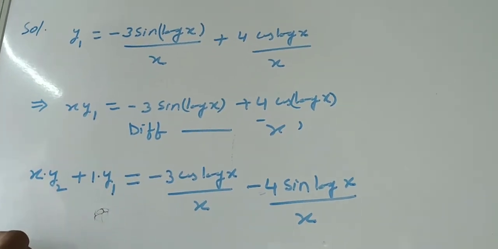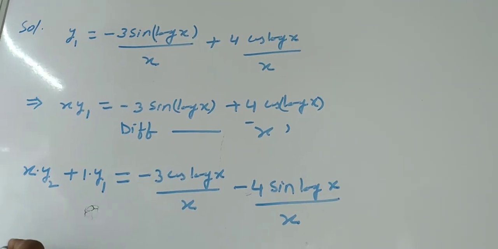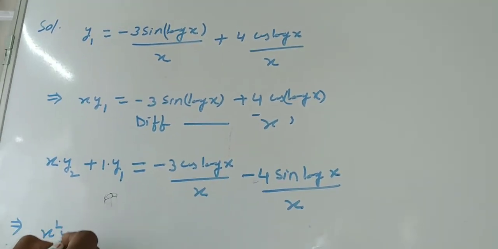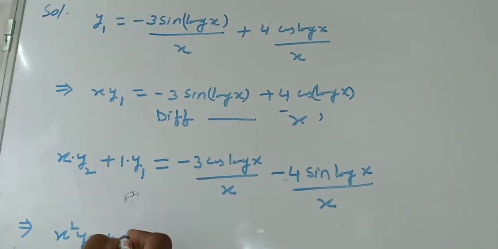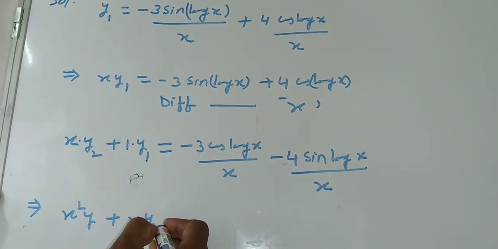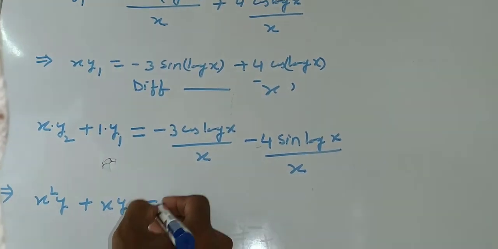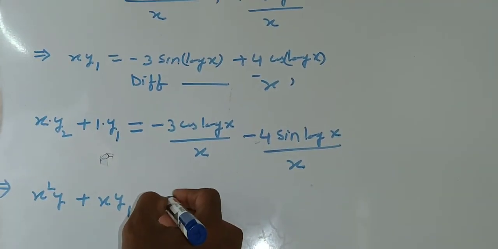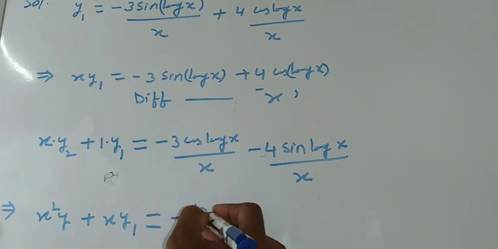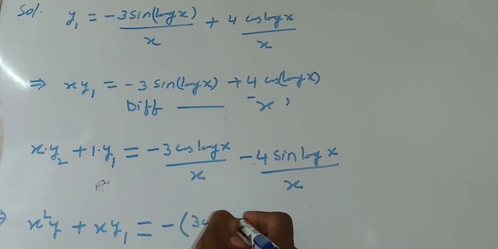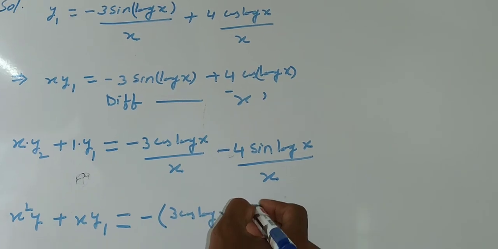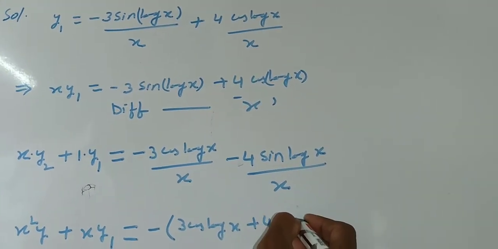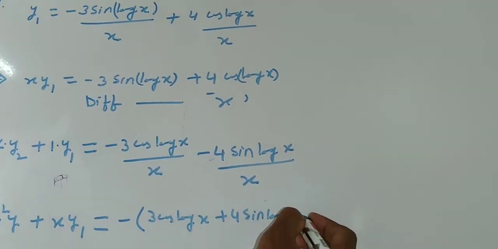Simplifying, x square y2 plus x y1 equals, taking the minus sign common, minus (3 cos log x plus 4 sin log x).